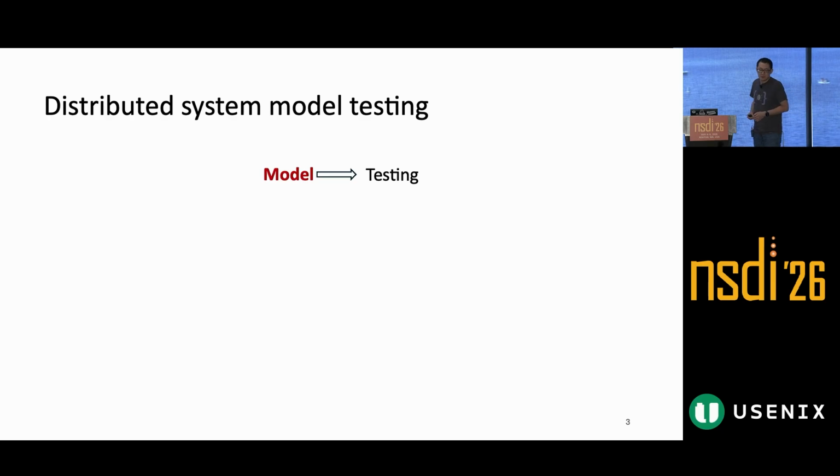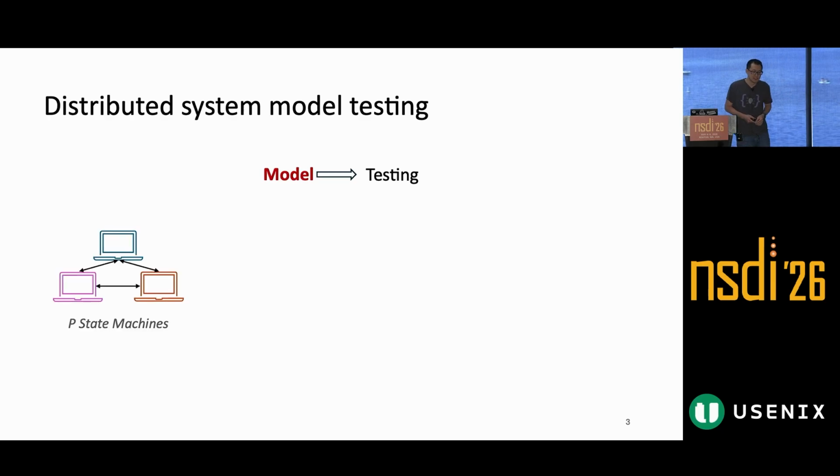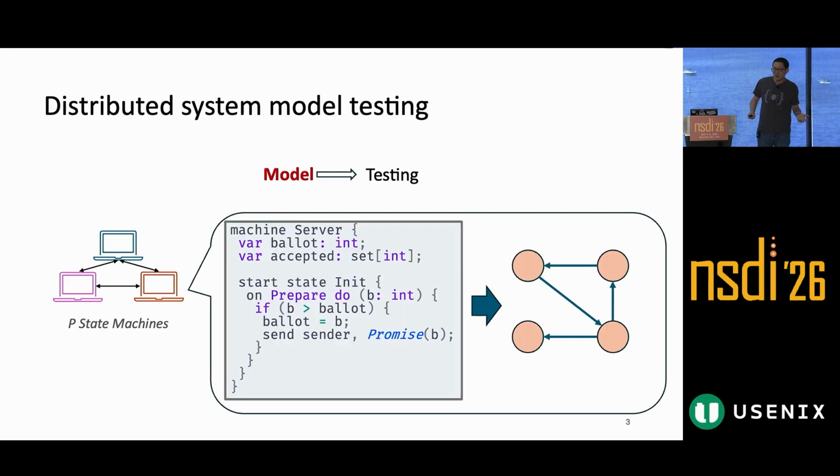What does distributed model testing mean here? I have a distributed system, and I can model the behavior of the distributed system and the algorithm using a modeling language such as P and TLA+. The state or the behavior of the model is driven by messages shared across different machines.